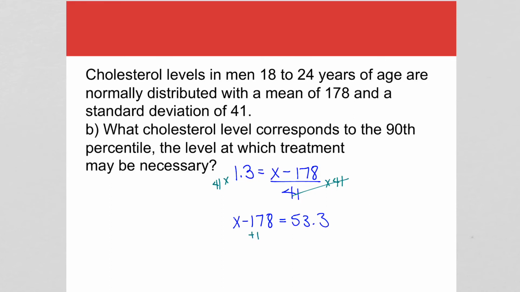Add 178 to both sides, and we have 231.3. So if a man between the ages of 18 to 24 has a cholesterol level of 231, then he may need treatment.